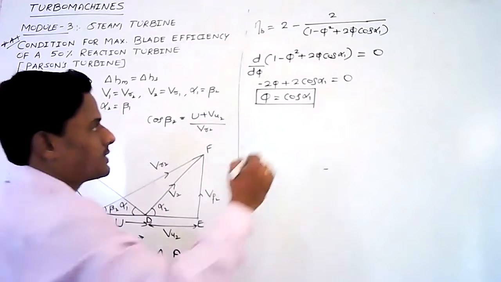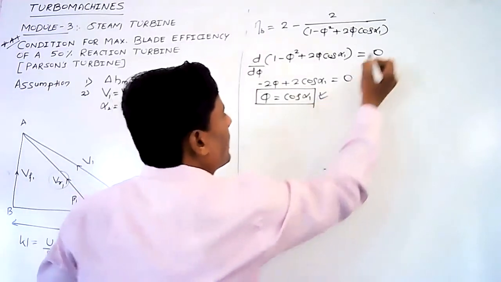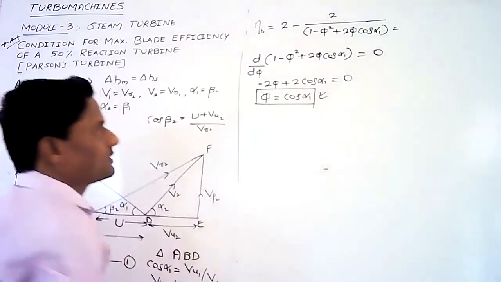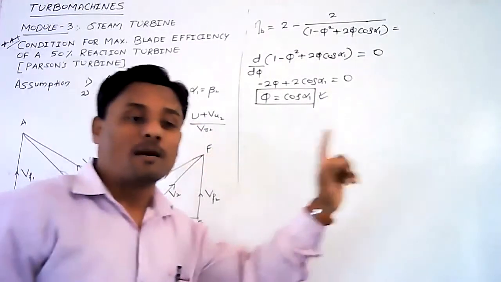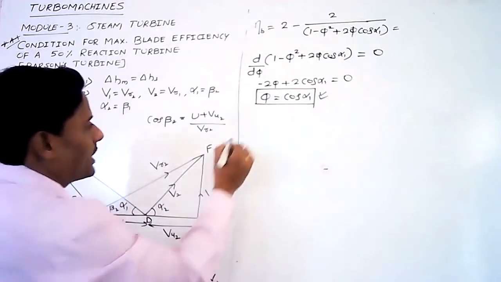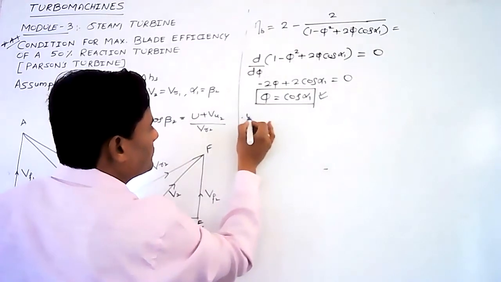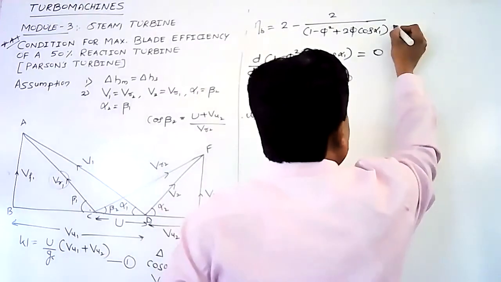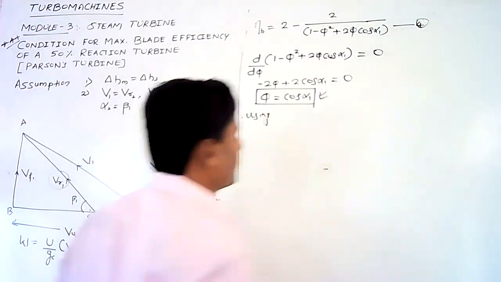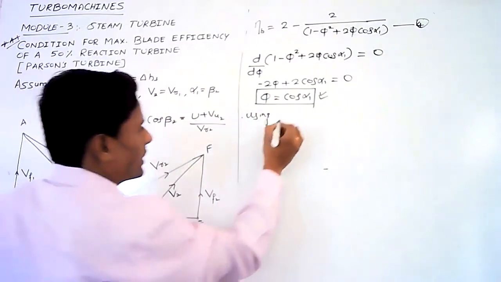Okay. Now let us substitute this condition in the blade efficiency equation, which we keep as equation number 4, to get the maximum blade efficiency.